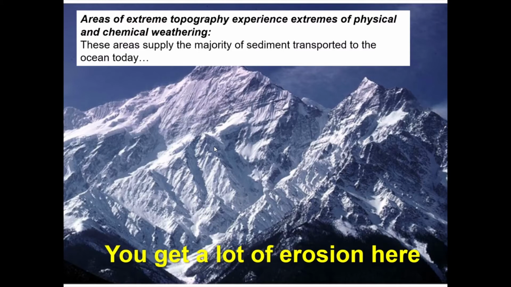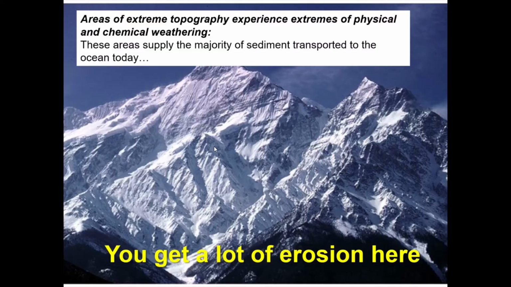So all of the rocks that go into building our mountain ranges are pretty quickly, geologically speaking, eroded. And it's these areas on Earth today that supply the majority of the sediment that's transported to the oceans.